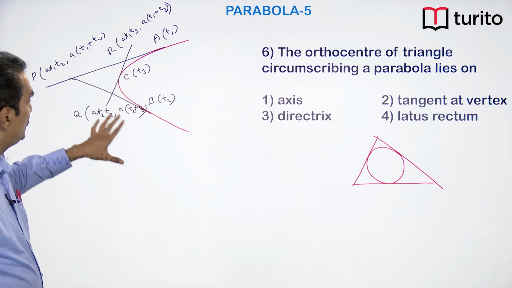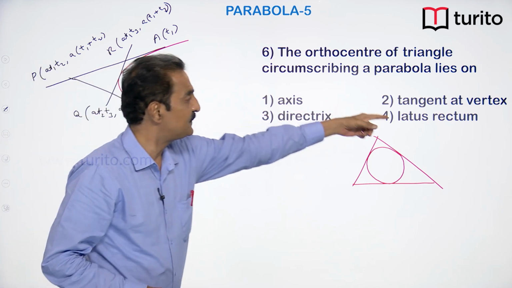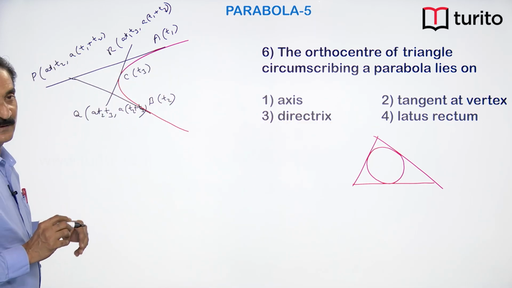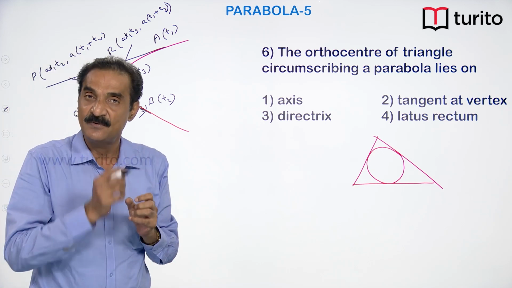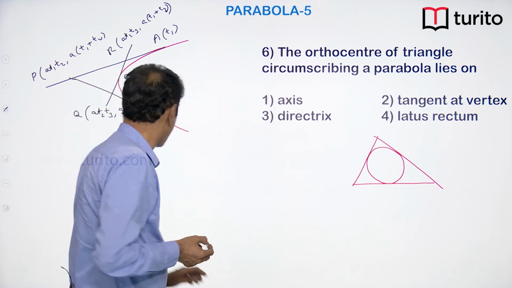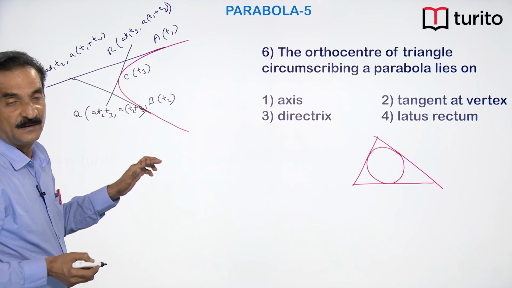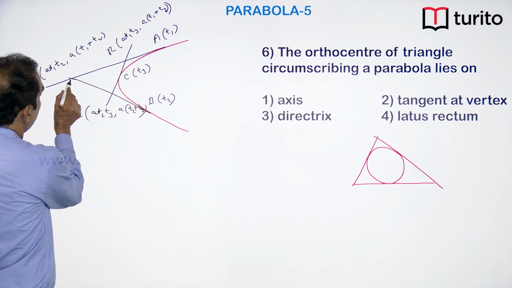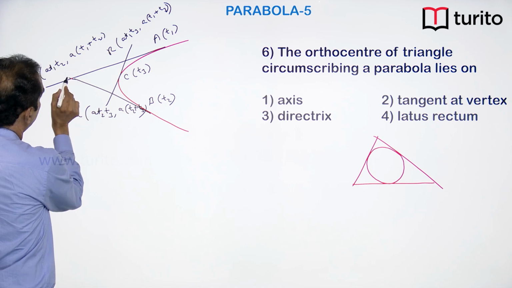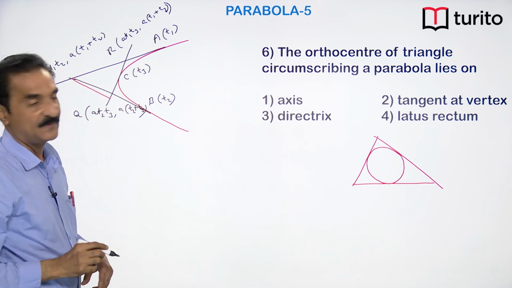So, orthocenter of this triangle lies on which of these four? Let us find the orthocenter. For finding the orthocenter, we have to find the equations of any two altitudes. I will find out altitude from P. Altitude from P will be perpendicular to opposite side.